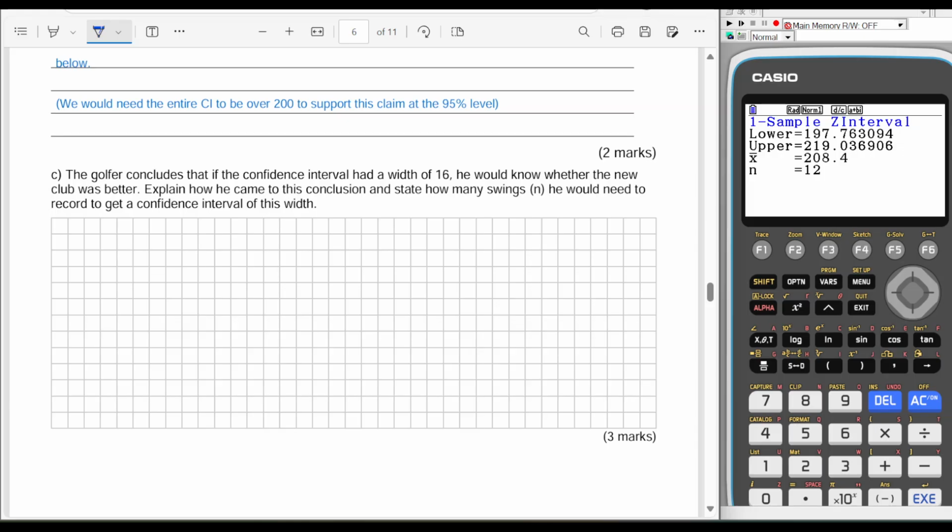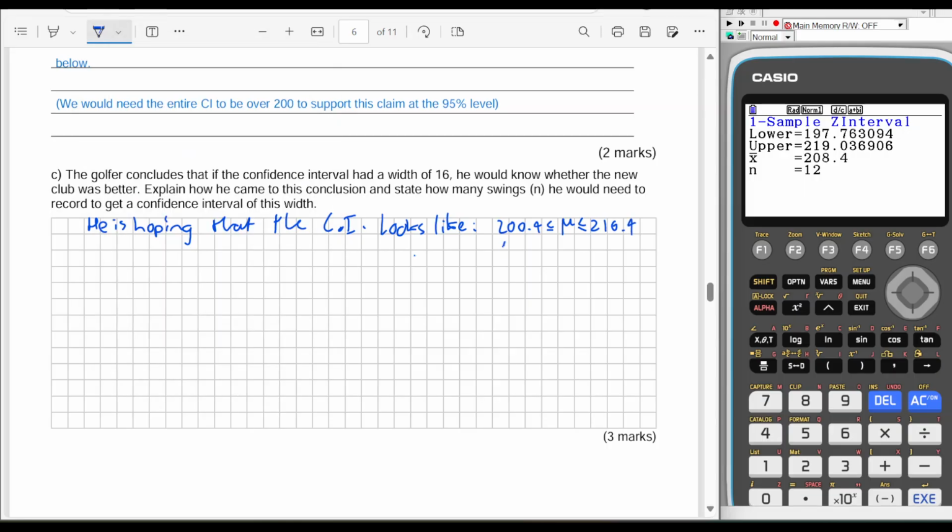So explain how he came to this conclusion. He is hoping that the CI looks like this: 200.4 to 216.4.